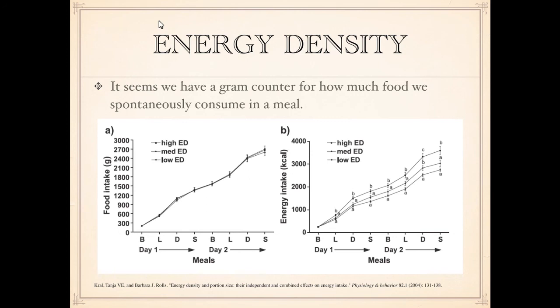So this seems to suggest that we have a gram counter for how much food we spontaneously consume in a meal, along with a calorie counter. So this suggests that you might want to select for weight loss more lower calorie density foods like vegetables, like popcorn, anything that adds air to a food, like blending a shake or adding water.